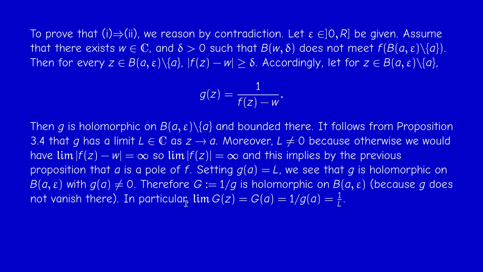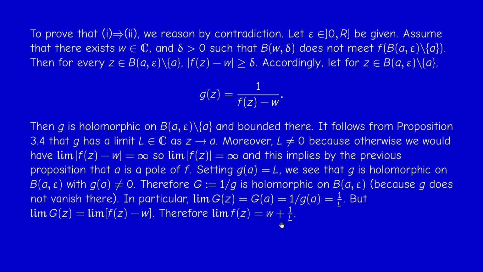And now the limit of the inverse of g is 1 over g(a), which is 1 over L. Okay, but capital G is actually just f(z) minus w, because it's the inverse.